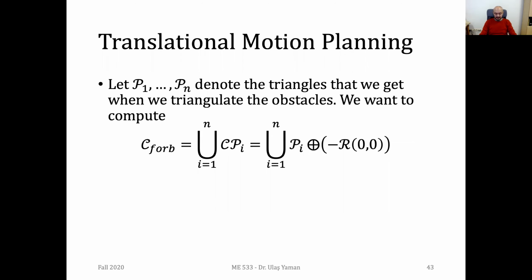So this is how we determine the forbidden space. We take the Minkowski sum of the obstacles with the negative of our robot, and if you take the union of them, then you will determine the forbidden space. And later, if you take the difference of your forbidden space from your bounding box, then you will determine the free space.